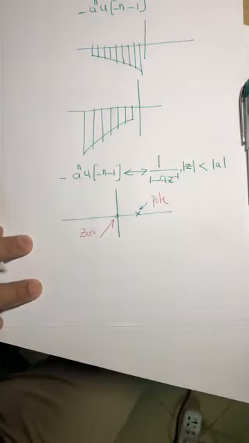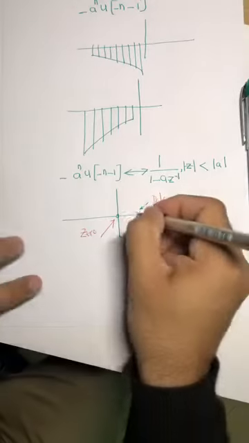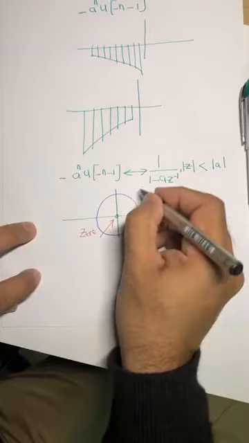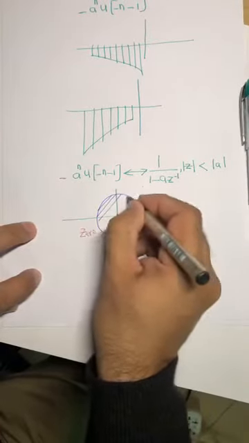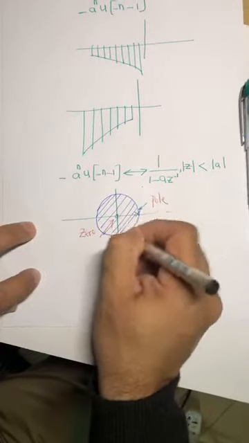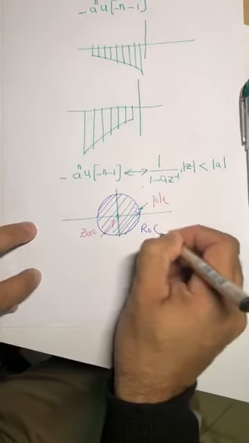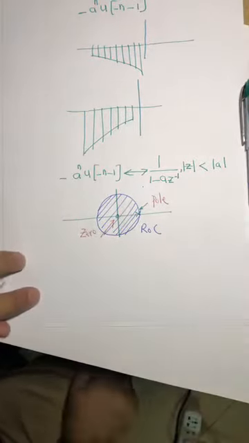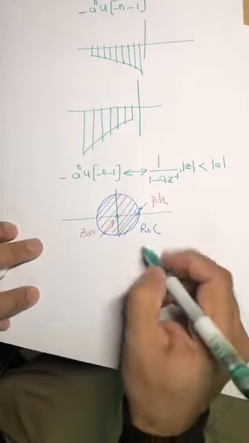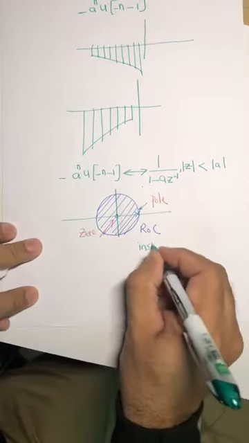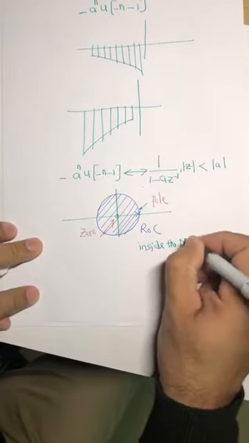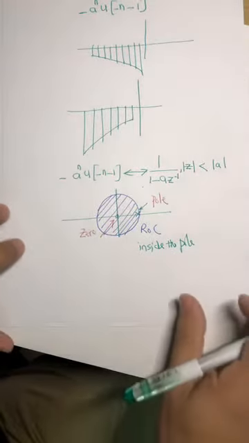But the region of convergence is inside. So the region of convergence is inside the pole. Okay.